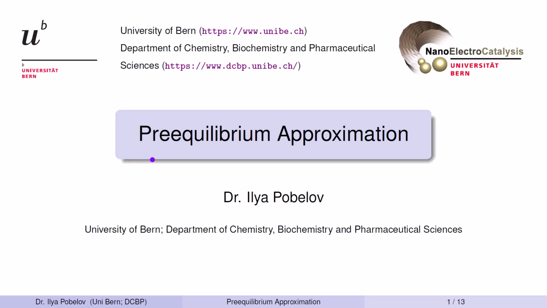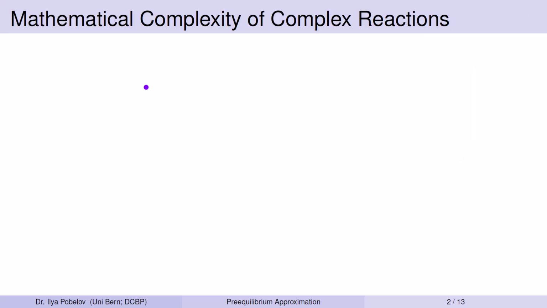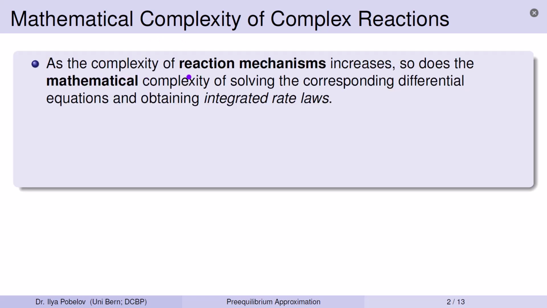In this module, we will discuss the pre-equilibrium approximation. In the previous modules devoted to complex reactions, we have encountered that as the complexity of reaction mechanisms increases, so does the mathematical complexity of solving the corresponding differential equations and obtaining integrated rate laws.